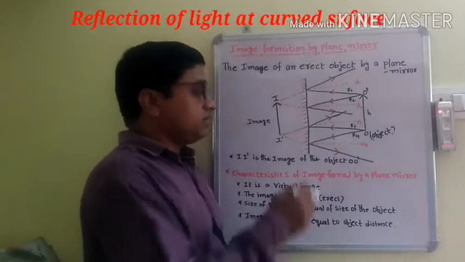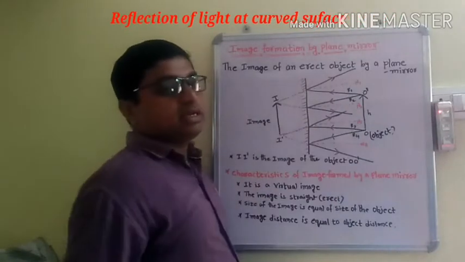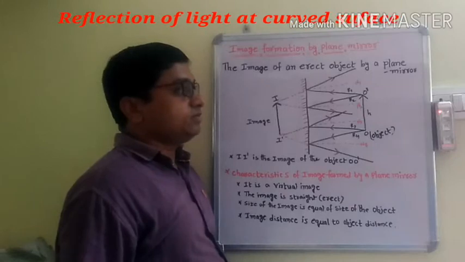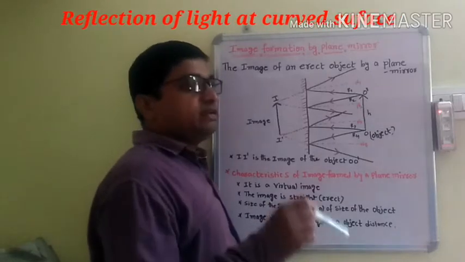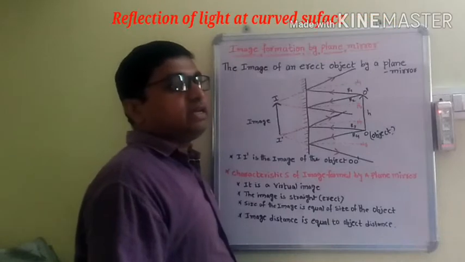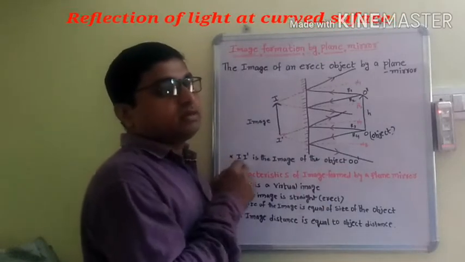Here you see in this picture O dash is an object with some height. When we keep an object with some height, we get the reflection on the plane surface.